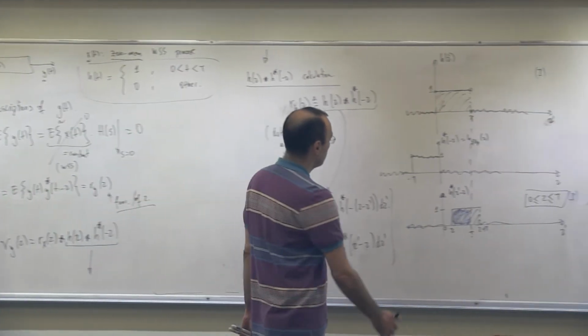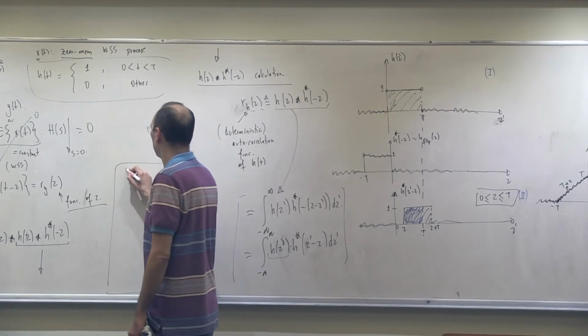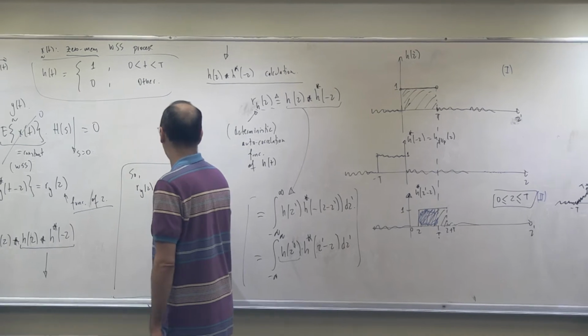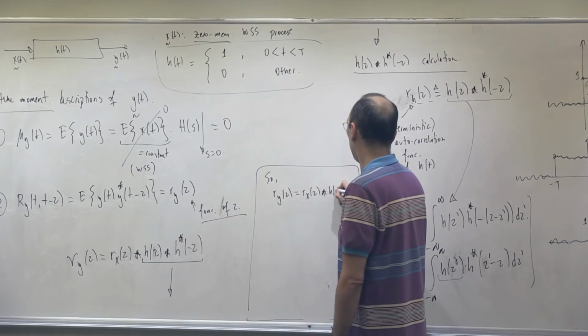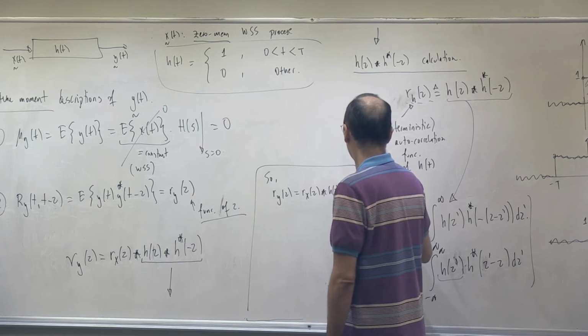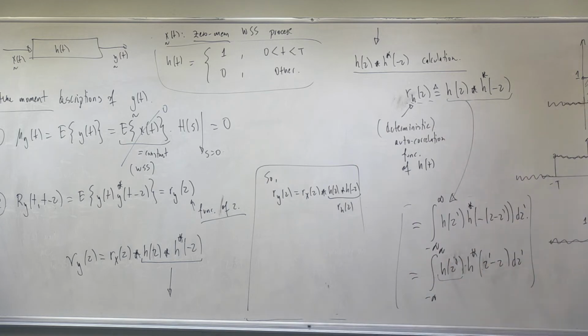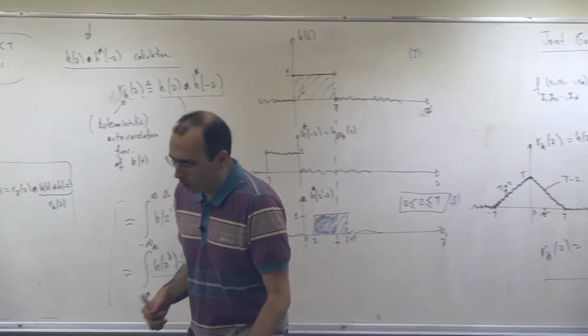Okay. That is it. So the final result is Ry of tau is Rx of tau convolved with h of tau, h of minus tau, and this is what we call Rh of tau. Okay.